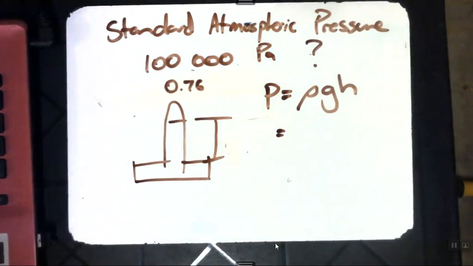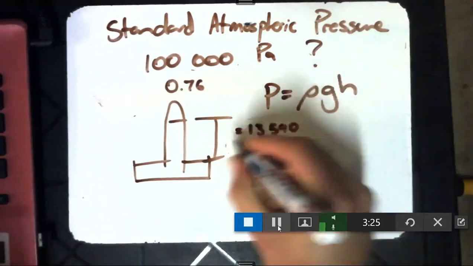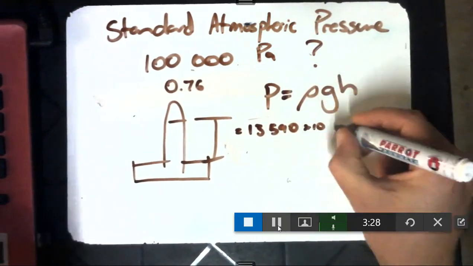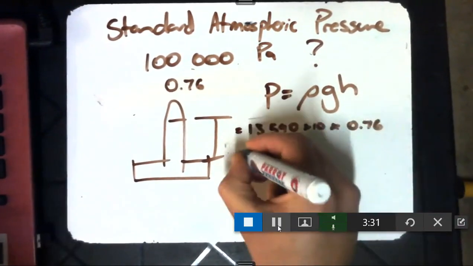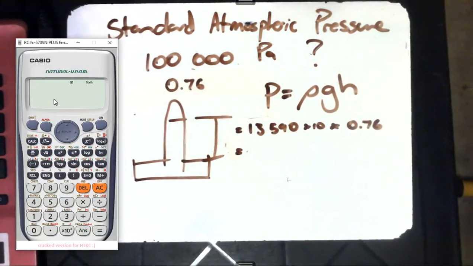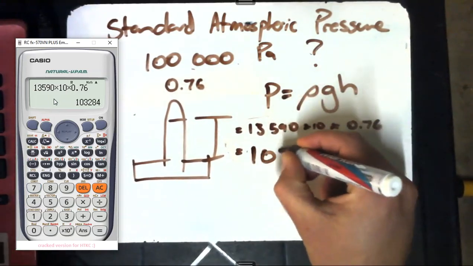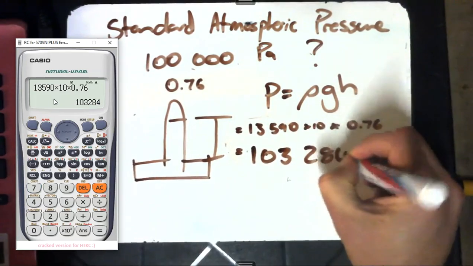The density of mercury is 13,590, times 10, times 0.76, and if we type it into our calculator, that gives us 103,284 Pascal.